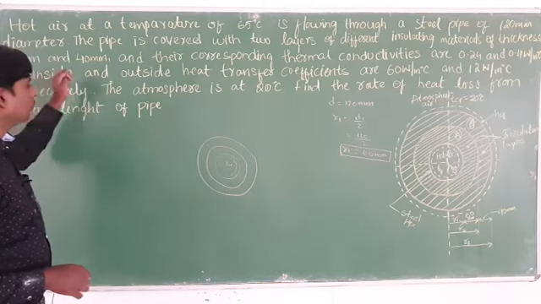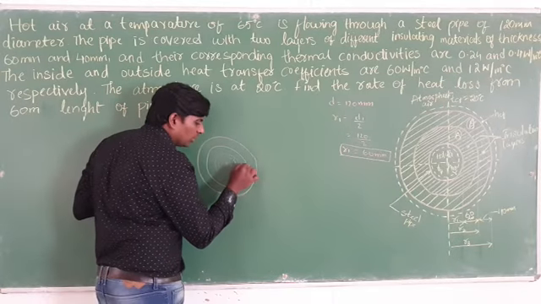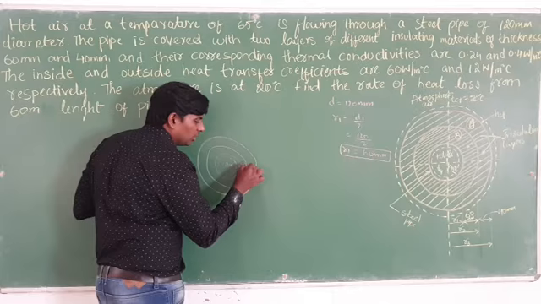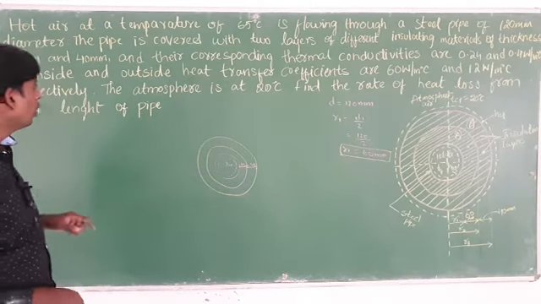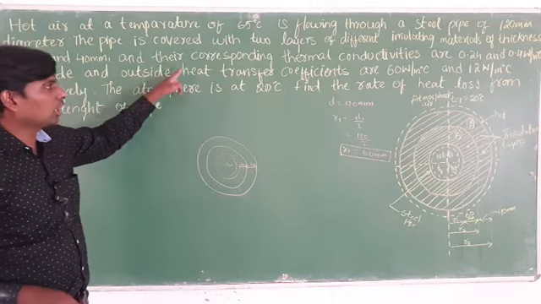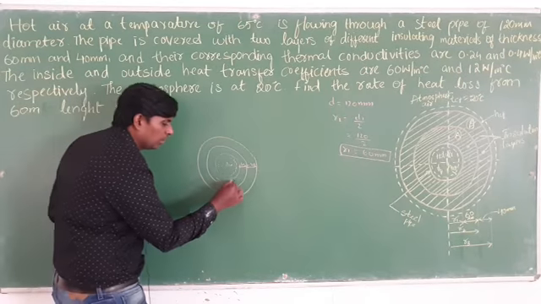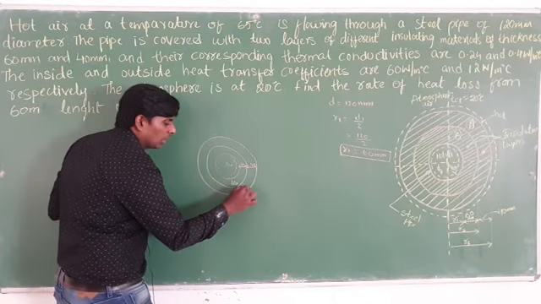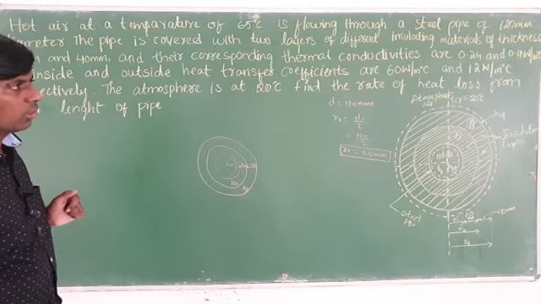Now 60 mm and 40 mm thickness are given. The first one is 60 and the second one is 40 mm, and their corresponding thermal conductivity, Ka value and Kb value, are given.